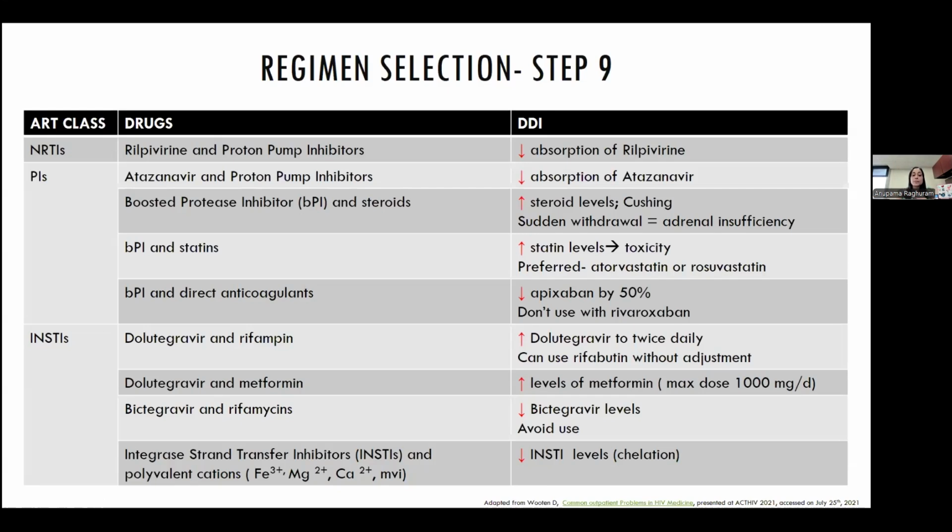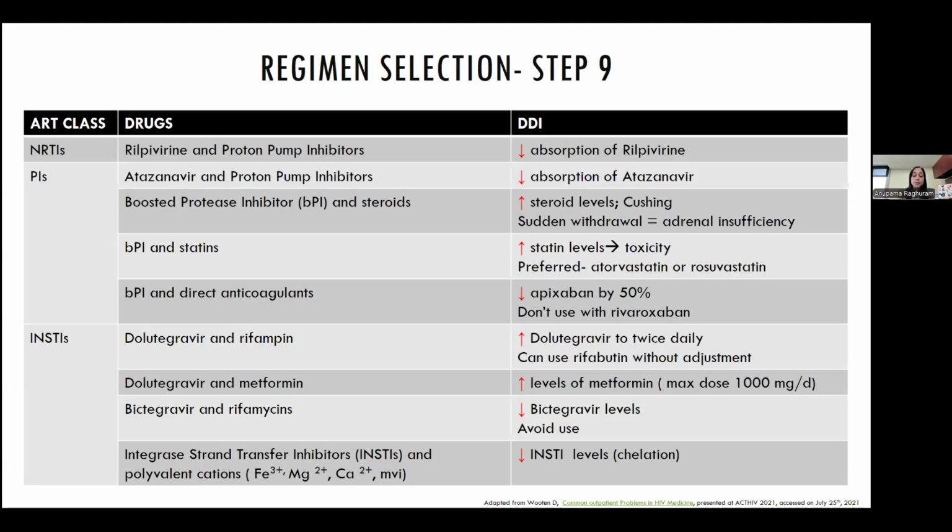And so you can imagine that if the integrase inhibitors connect to iron and magnesium and calcium, if you're taking those as supplements, they will try and connect to those too, right? Because they don't recognize that, oh, this is not connected to the HIV virus, it's floating around, I'm going to connect to it too. So that process is called chelation, and it will decrease the levels of integrase.